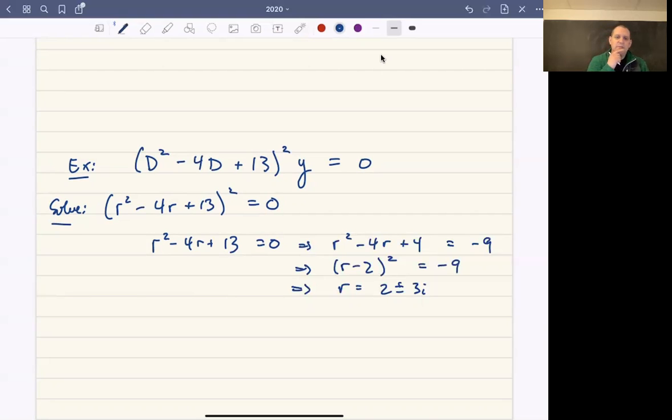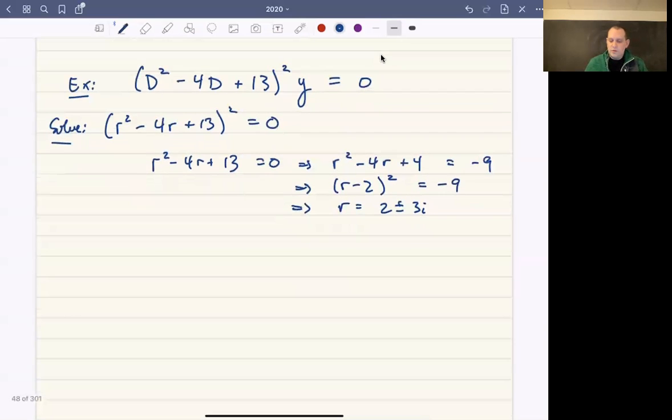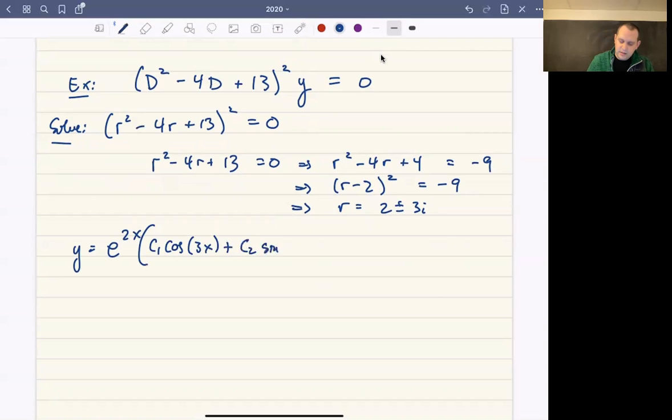So we need to be a little bit careful with what's going to happen here. It turns out what's going to happen is we're going to have 2 plus or minus 3i as our solution. So you're going to have e to the 2x times (c1 cosine of 3x plus c2 sine of 3x) plus an x e to the 2x times (c3 cosine of 3x plus c4 sine of 3x).